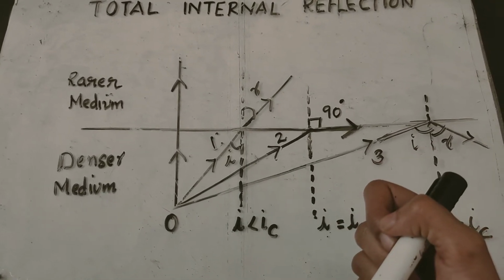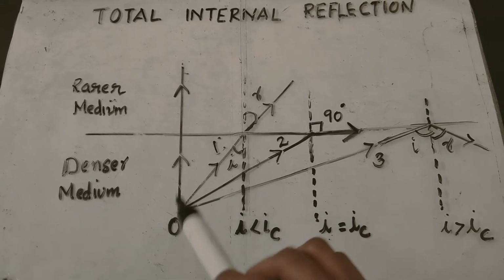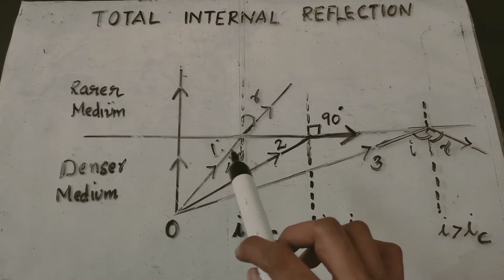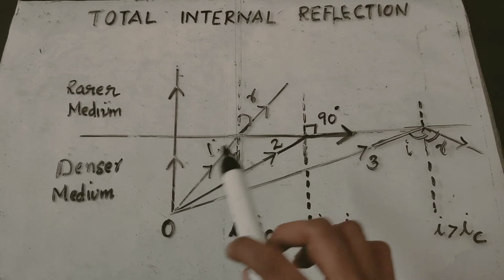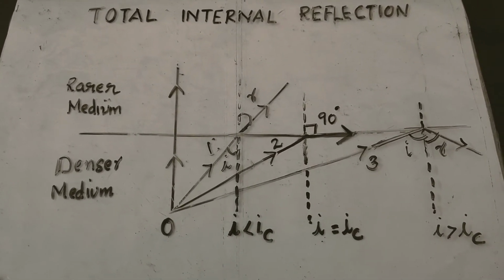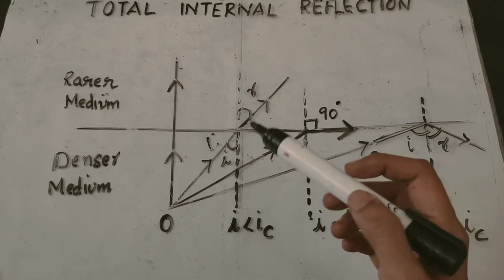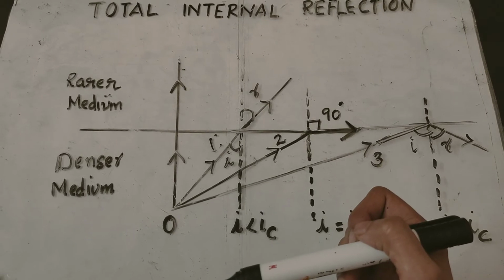Look at this figure. Here you can see three incident rays, first, second and third. Consider the first one.